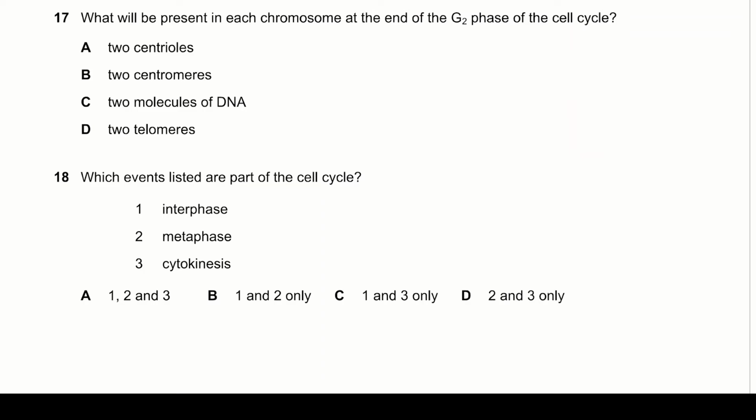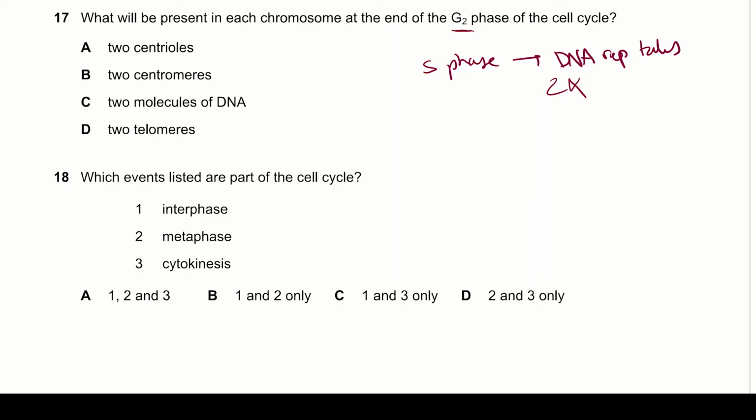17. What will be present in each chromosome at the end of the G2 phase of the cell cycle? At the end of the G2 phase, we know that before G2 there's something called S phase, where semi-conservative DNA replication takes place. So the DNA is multiplied by 2. Let's see the suggestions that we have here.